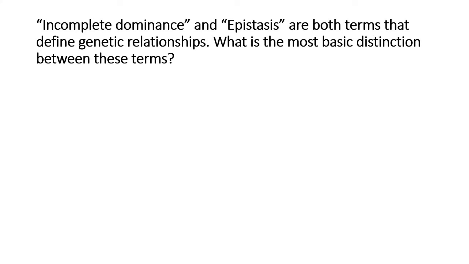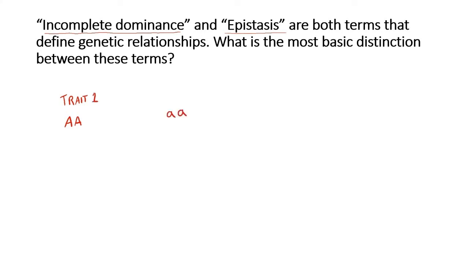Incomplete dominance and epistasis are both terms that define genetic relationships. What is the most basic distinction between these terms? Incomplete dominance is a situation where if you have the homozygous dominant version of the genes, you get trait number 1.